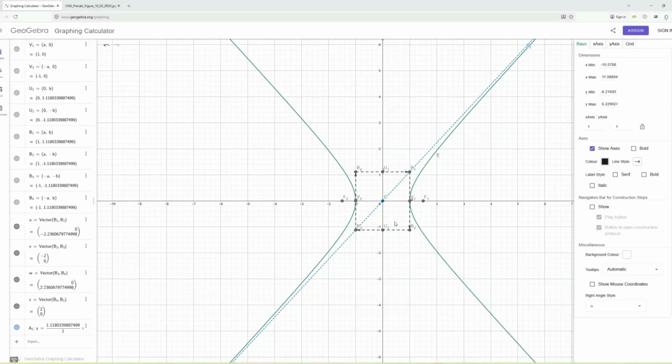And the line that goes through the vertices B2 and B4 will go through the center and the point B2. And so that line will have slope negative b divided by a. And so a second asymptote is the line y equals negative b divided by a times x.